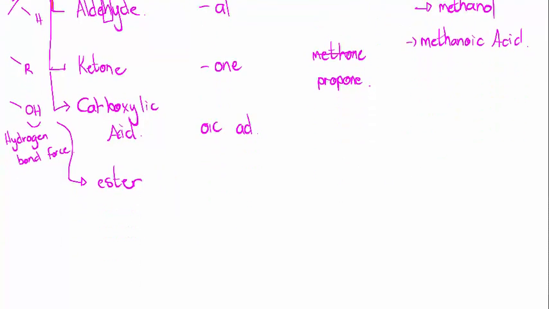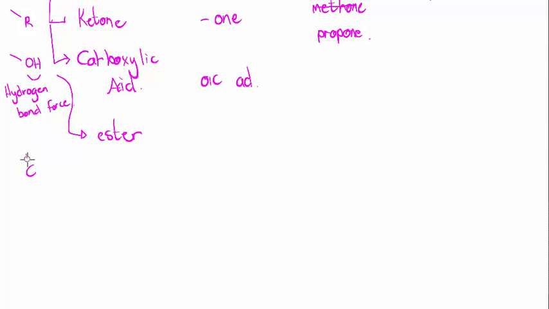An ester has this carbon double bonded to oxygen, and remember that these are all from the carboxyl group series. But on the one side it has a carbon chain, and on the other side it has an oxygen that's single bonded to the carbon, and this oxygen also has a substituent, another chain.